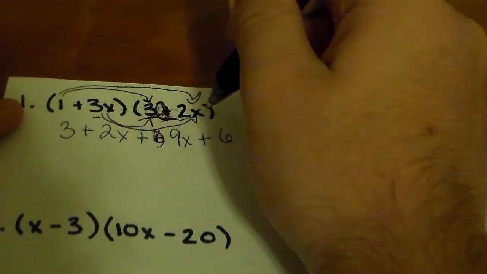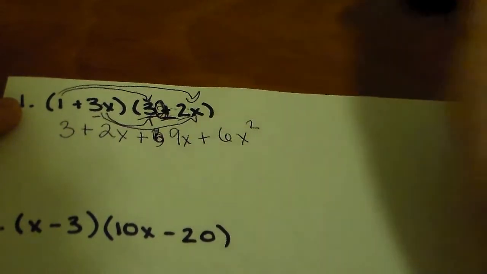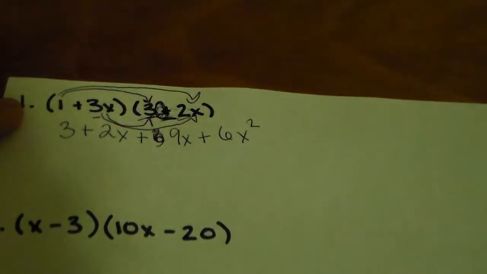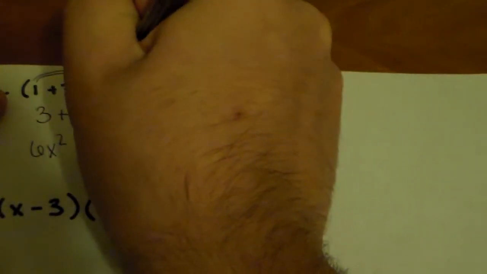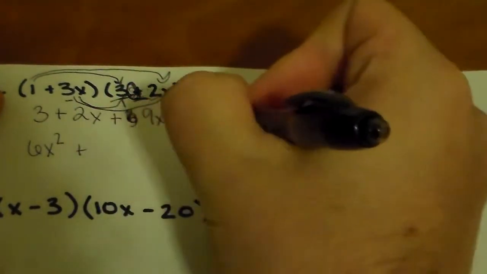X times x is x squared. Now, to put this in ax squared plus bx plus c, which is the standard form, you'll do 6x squared plus, let's look for other common terms.